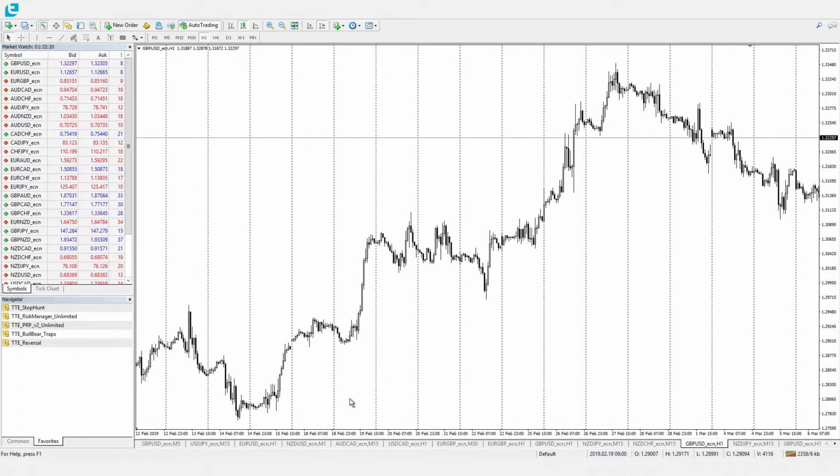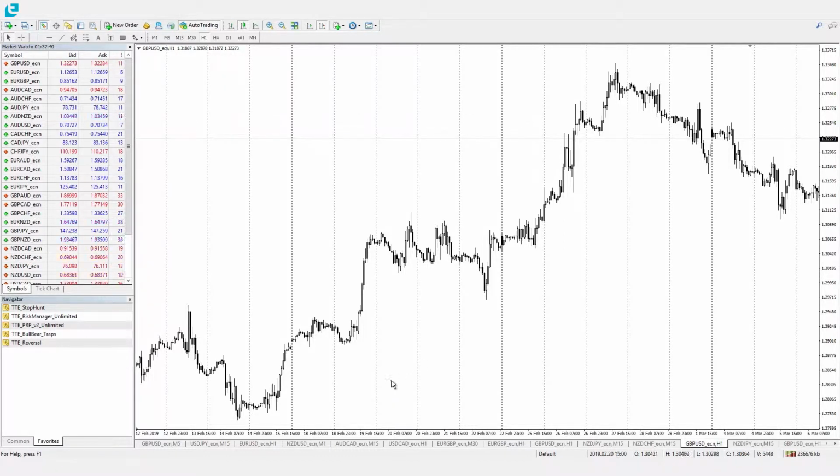But the main strategy or method that you need to know is that the market moves in these three phases. Sometimes it's super obvious and easy to spot, and sometimes it's really hard to spot.